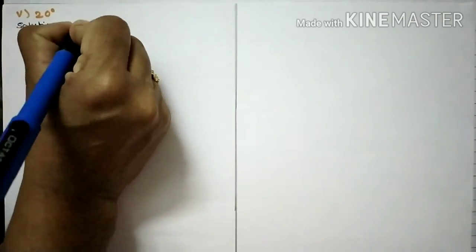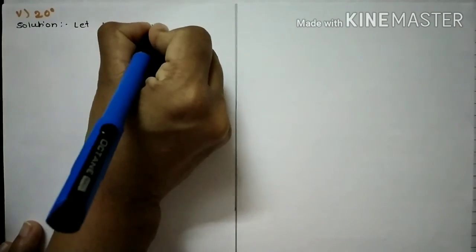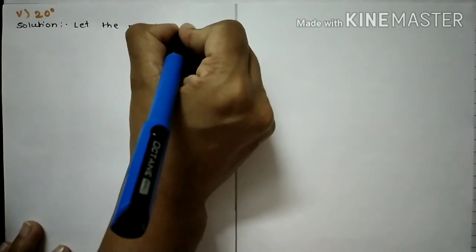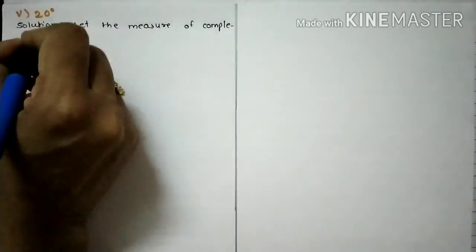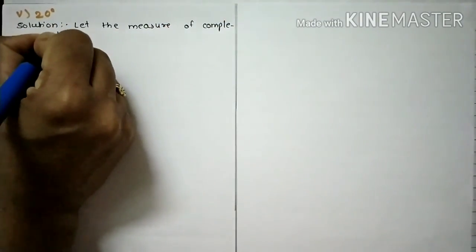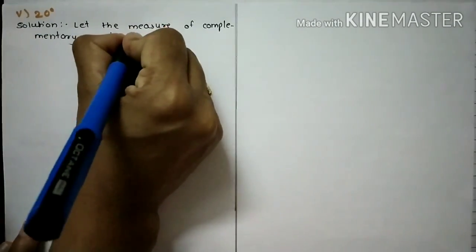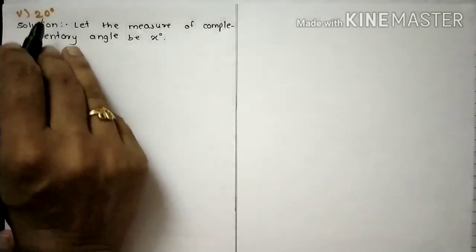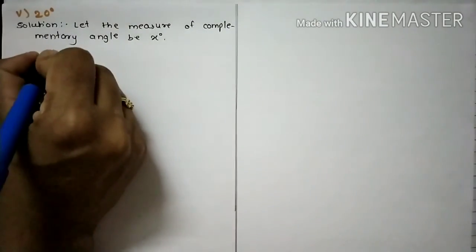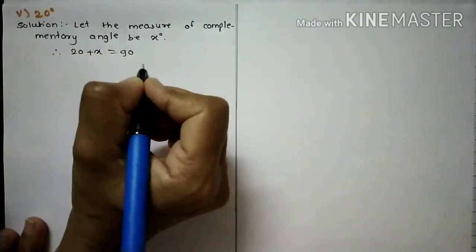So write down, let the measure of the complementary angle be x degrees. Complementary angles means the addition of these two angles is 90 degrees. Therefore we write 20 plus x equal to 90.